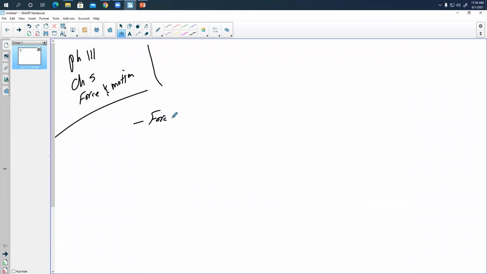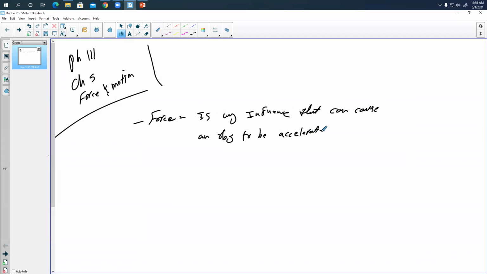So your force is any influence that can cause an object to be accelerated. What does that mean?